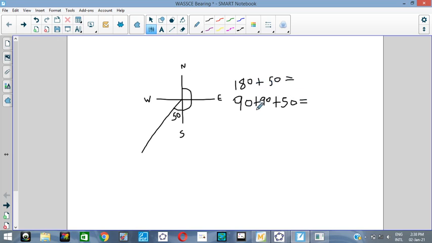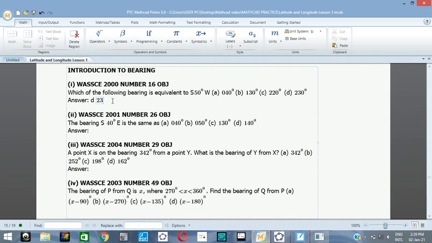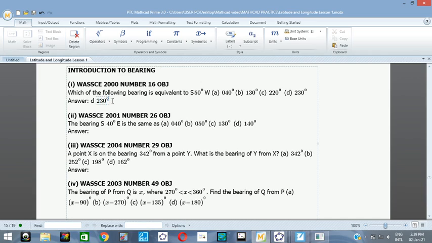So if you add 9 plus 9, which is 18, so 180, 180 plus 50 is going to give us 230. So that's all. The answer for the first one is 230 degrees. Take note of that.